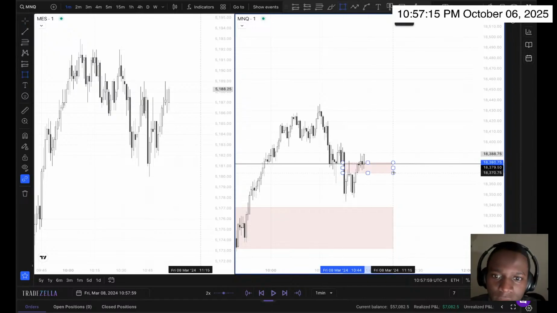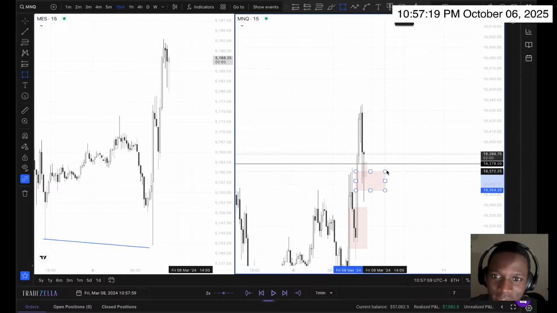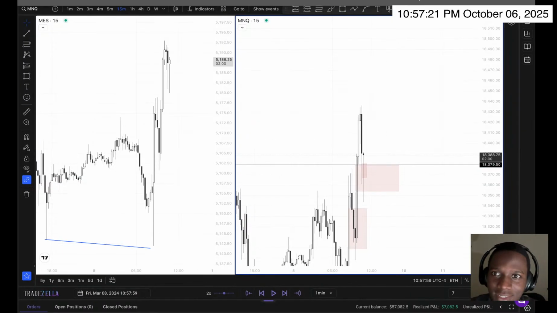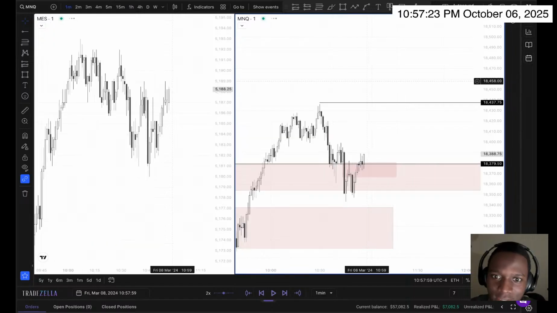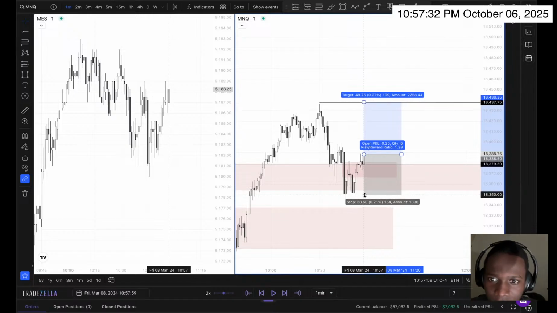Okay, we're gonna buy it in this macro. Why? Look at how this 15-minute candle is looking. Ultimate target, this one here. It's pretty close. Could be a 1-to-1 from here to here, 1.2R.